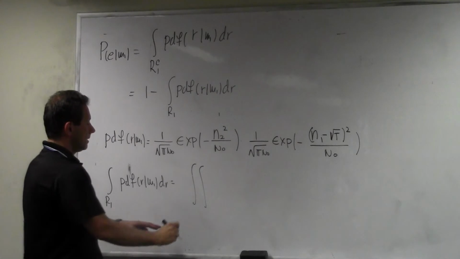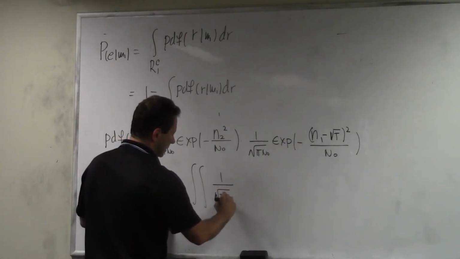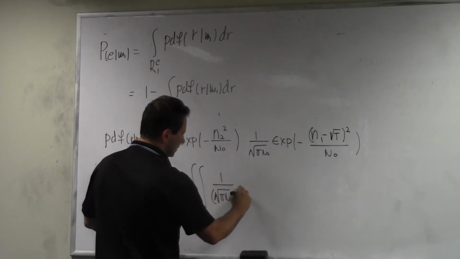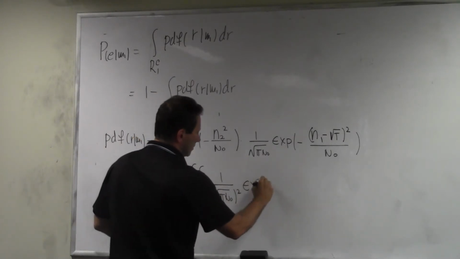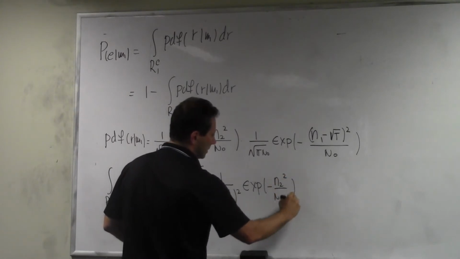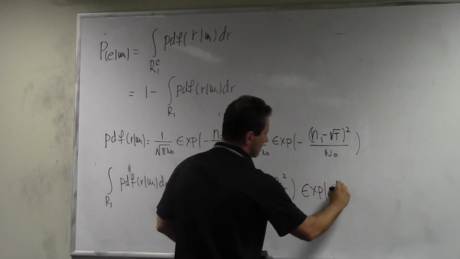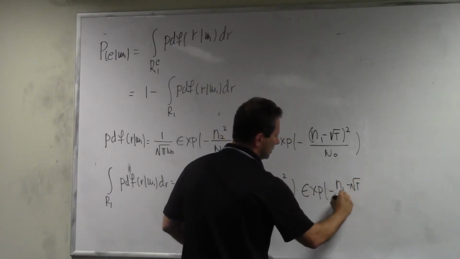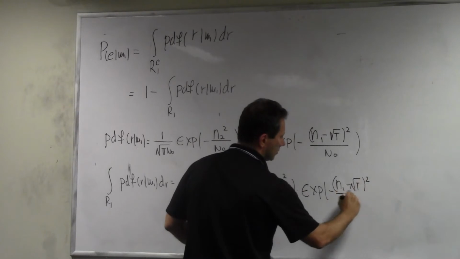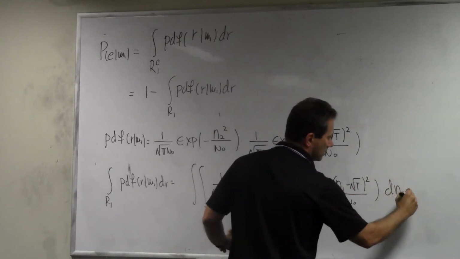And this is 1 over square root of pi N0, quantity squared, e to the minus n2 squared over N0 times e to the minus (n1 minus square root of E) squared over N0 dn1 dn2.